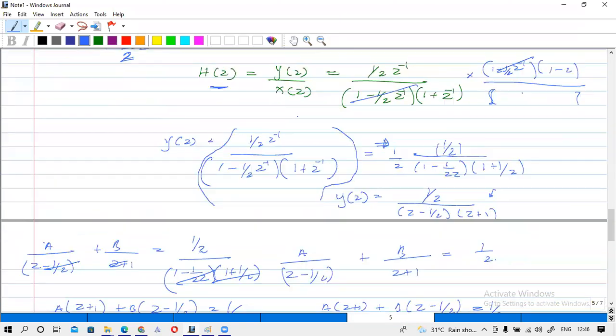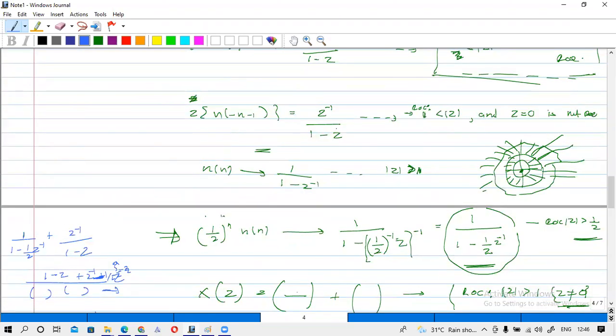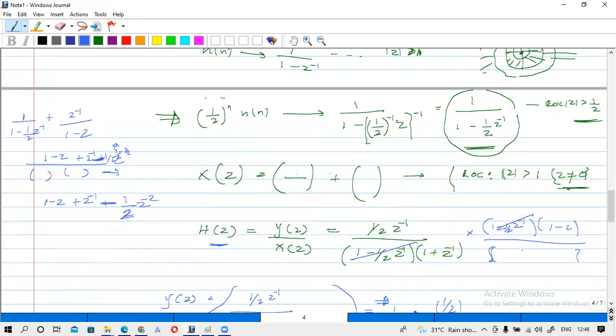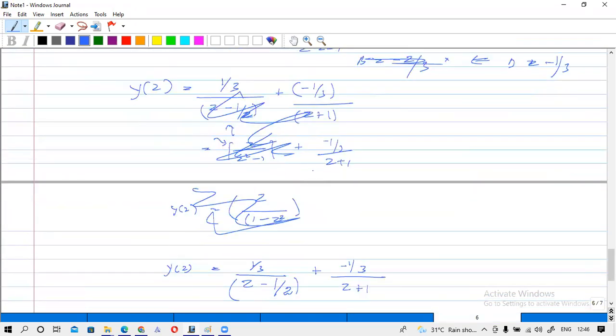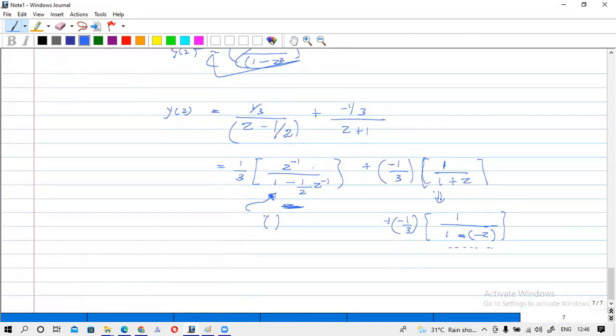When we are finding u minus n, the same type of result we got, no? z minus 1, 1 minus z. So here z minus 1, 1 minus z we get.